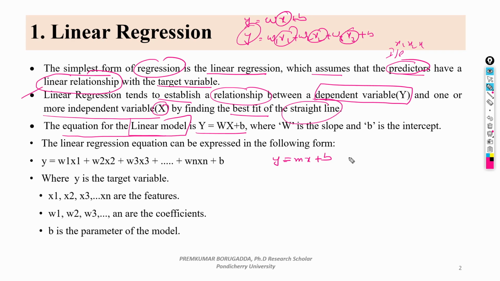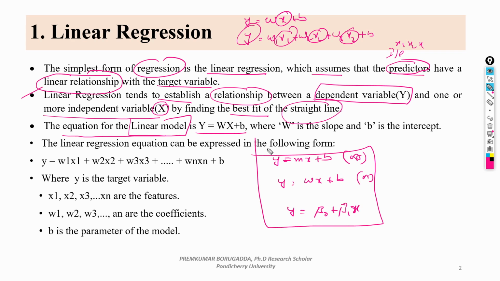In some notations you can say y is equal to wx plus b, or y is equal to beta naught plus beta 1 x. All these notations are the same, so don't be confused. In our lecture, I'm taking the equation y is equal to wx plus b. Here w is the slope and b is the intercept.